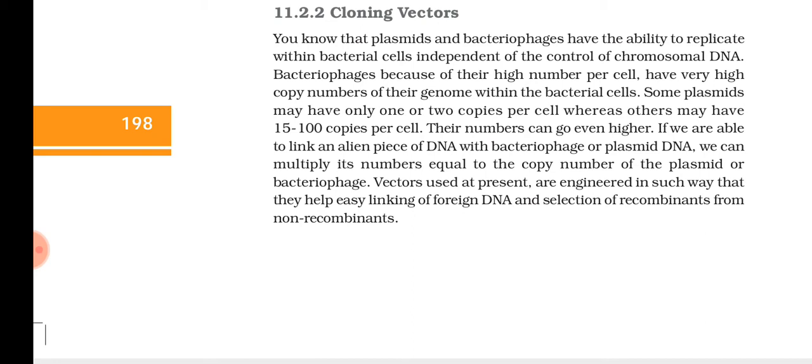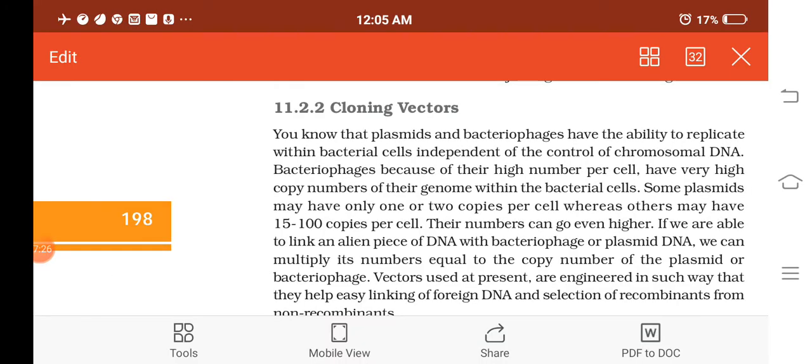Okay, so on the other hand, some plasmids will have only very few copies, and some have many copies of the same structure. I told you bacteriophages are a very good vector because their copy number will be very high.